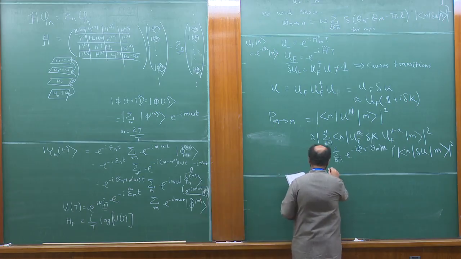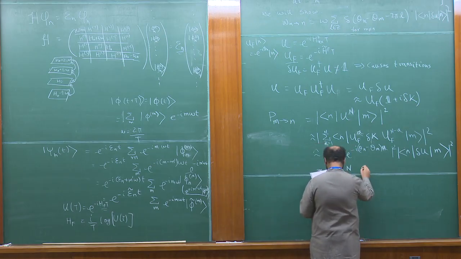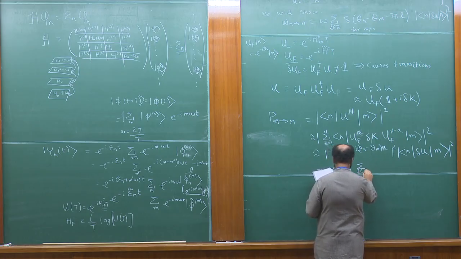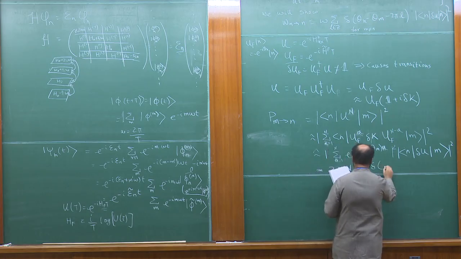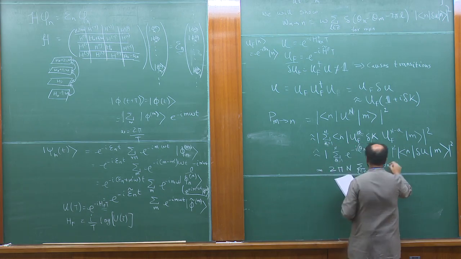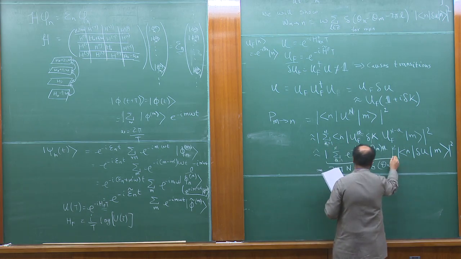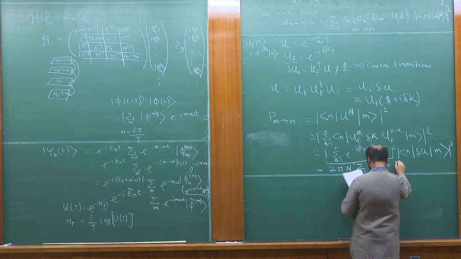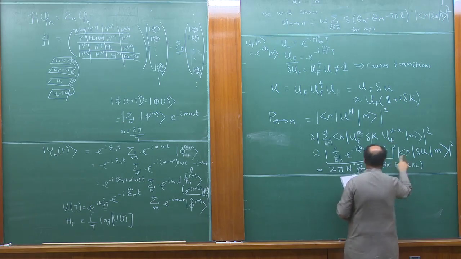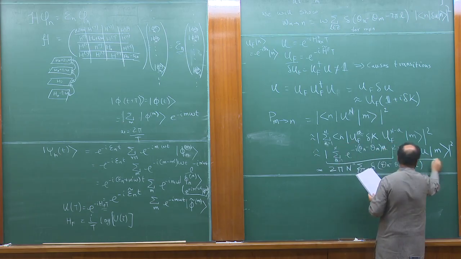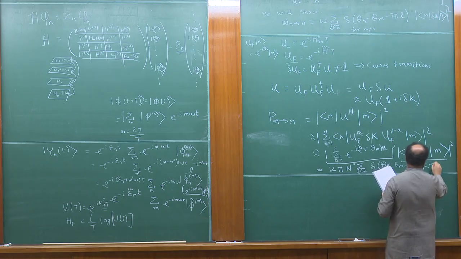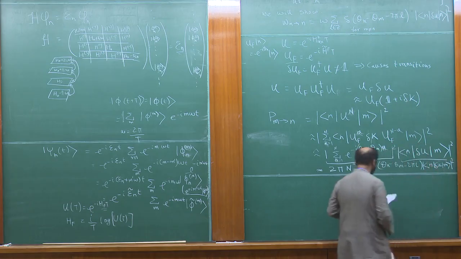So this is going to give me 2 pi n delta, just this part here is going to give me this 2 pi n delta theta n minus theta m minus 2 pi l, and then this part still stays. So I have n delta u m mod square, okay?